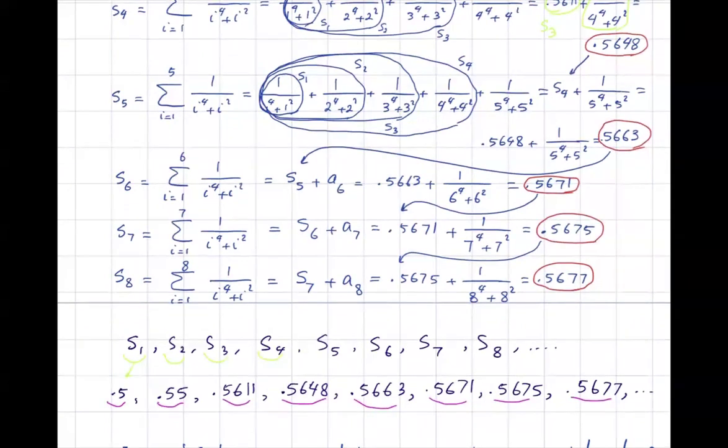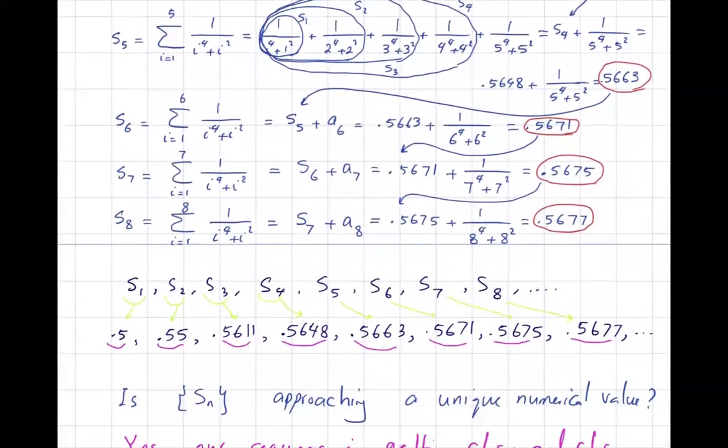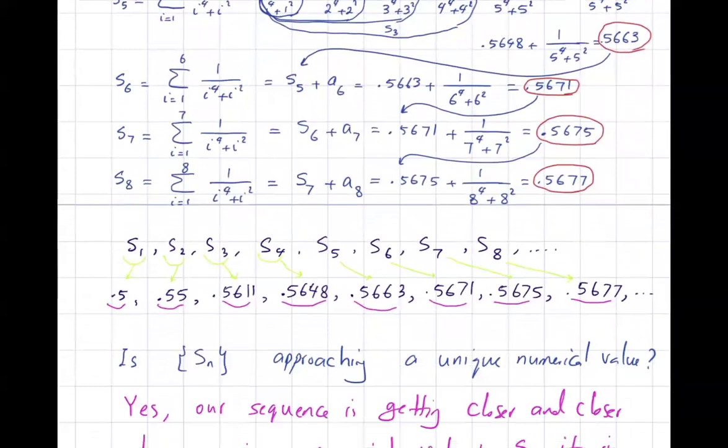S1 is 0.5, S2 is 0.55, S3 is 0.5611, S4 is 0.5648, S5 is 0.5663, S6 is 0.5671, S7 is 0.5675, S8 is 0.5677. I'm sorry, 77. So it looks like your sequence S sub n is approaching a unique numerical value.